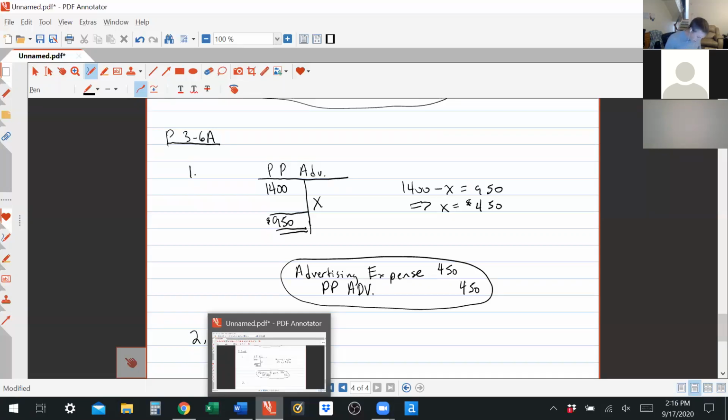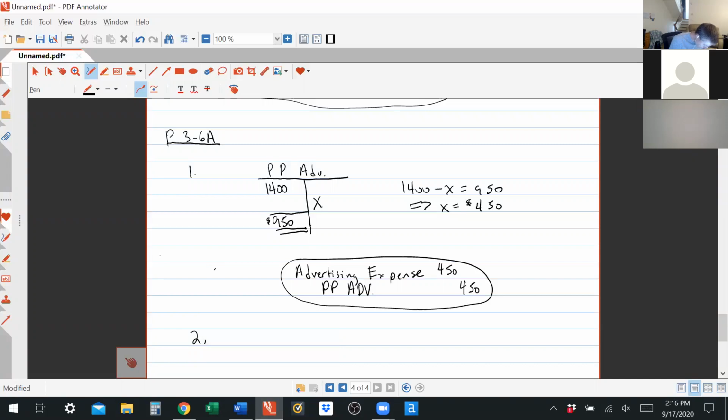Do you want me to write the entry? Prepaid advertising would have been debited and cash would have been credited. This happens first, and then this happens. You would never credit an expense. The only time you credit an expense is if you're fixing an error in a previous journal entry, or you're closing out the expenses at the end of the period to zero.